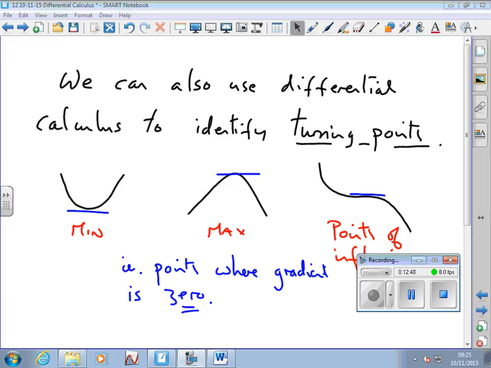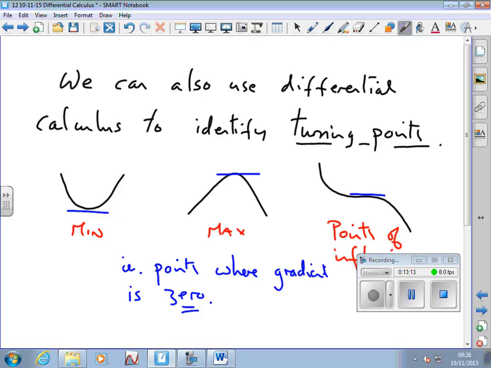We can also use differential calculus to identify what are called turning points, maximum values. Remember we said at the beginning of today, what's the gradient when the function hits a maximum? Or a minimum, in fact. We find that the gradient is 0, and that's always the case. At maximum and minimum values for functions, whatever the function looks like, where it turns.